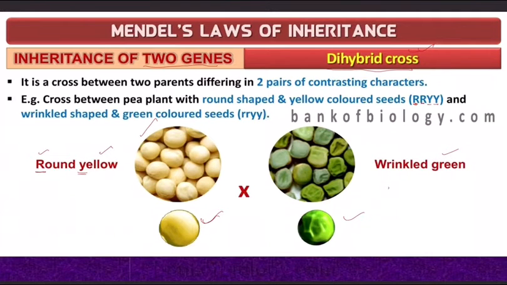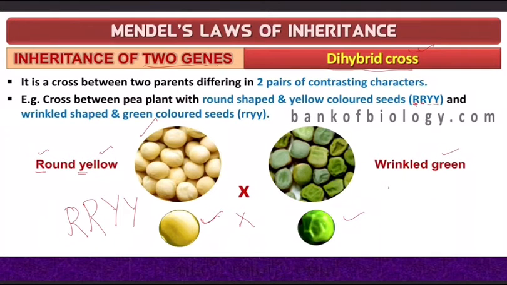Since it is dominant and it spells with Y-E-L-L-O-W, Y should be capital because it is dominant. Since two alleles are involved, we write it as capital Y, capital Y. So overall, the phenotypic character round seed with yellow color is represented genotypically as capital R, capital R, capital Y, capital Y. So for round it is capital R, capital R. For yellow it is capital Y, capital Y.